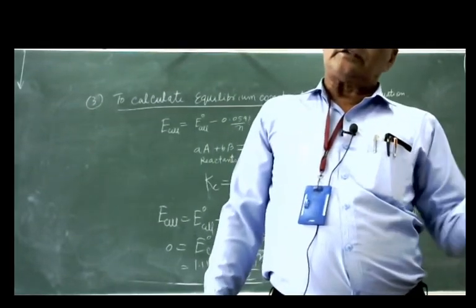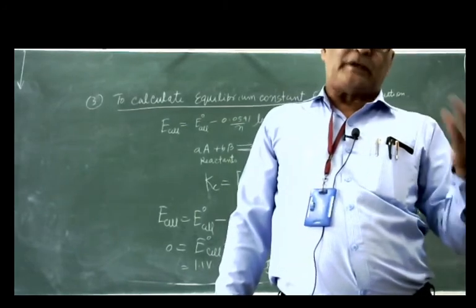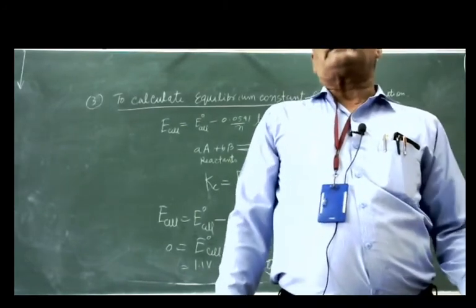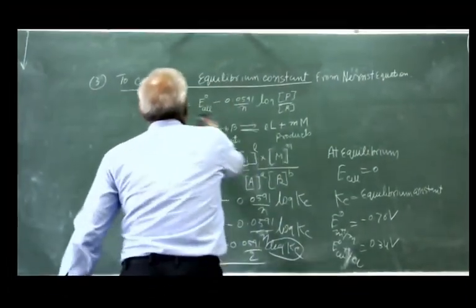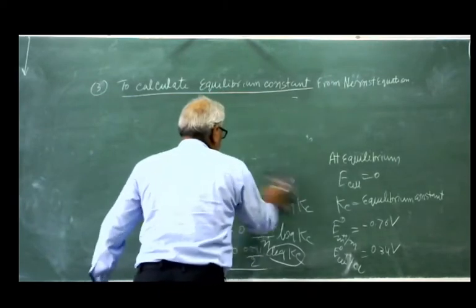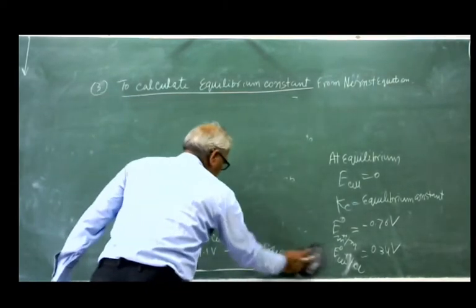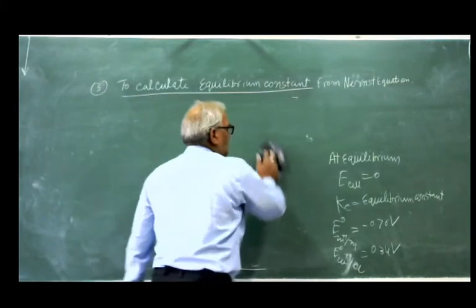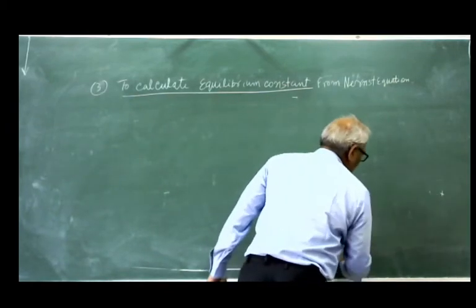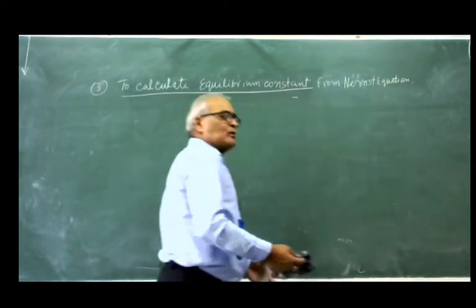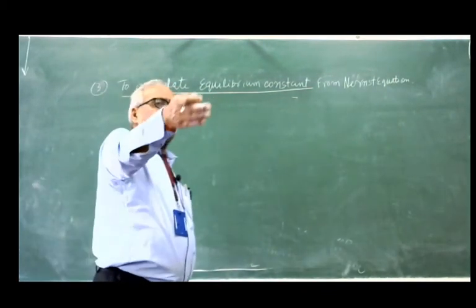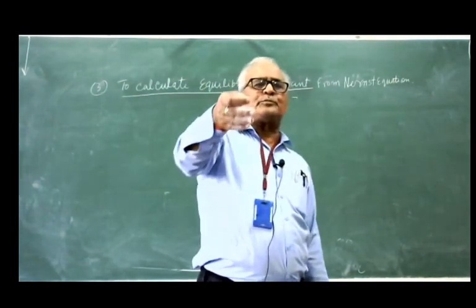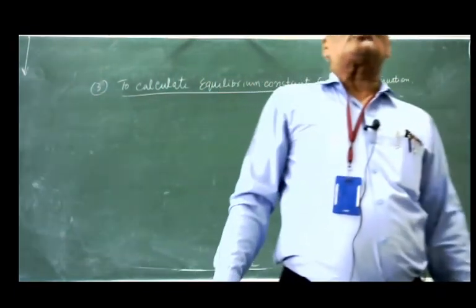So in this way, very easily we can calculate the equilibrium constant also with the help of the Nernst equation. The last application is the determination of the pH value. So we know what the pH is. Suppose I consider the hydrogen electrode. In a hydrogen electrode, a platinum metal rod is put into hydrochloric acid.